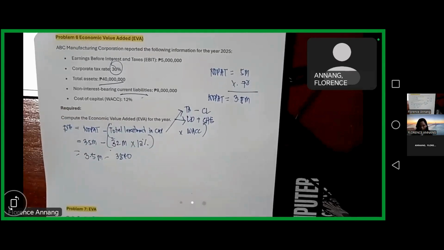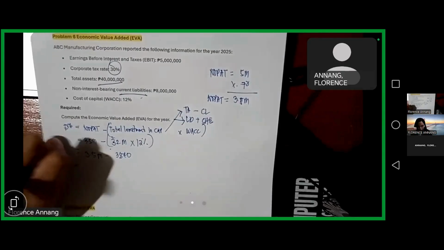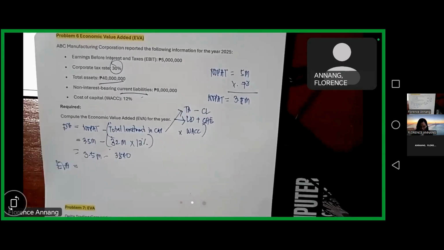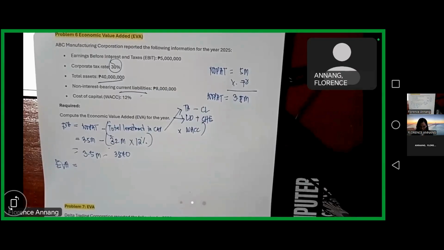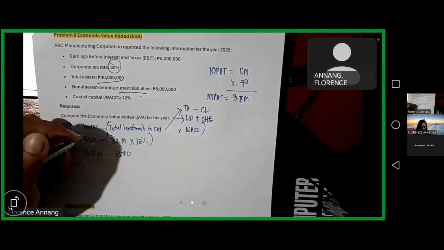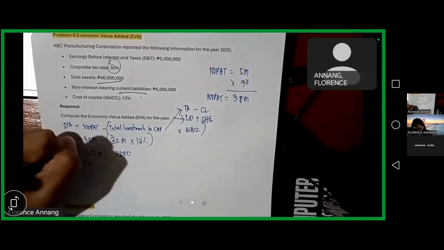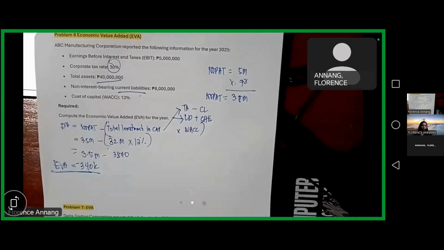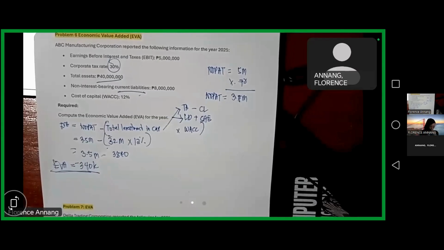So, 3.5 million less 3,840,000, you get an EVA of negative 340,000. And what does it mean kapag meron tayong negative na EVA? It means that there is a value destruction. Is that good? Syempre hindi. Bakit? Because the goal of the firm should be to maximize the shareholders' wealth. And that is represented when we have a positive EVA. In this case, we have negative 340,000.